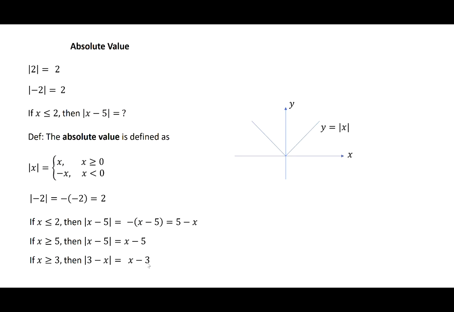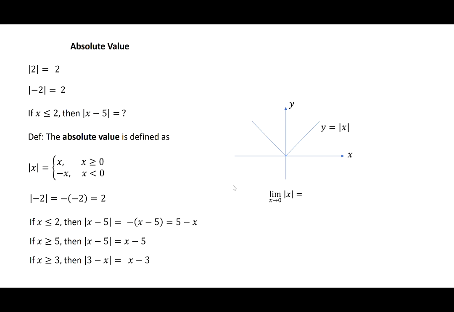Cool, folks? All right. And the graph of absolute value of x looks like this, right? And the graph of absolute value becomes very important pretty soon. Now, what is limit of absolute value of x as x approaches 0?